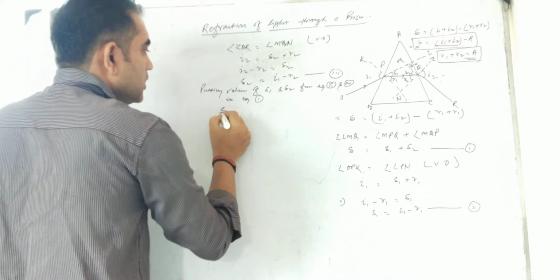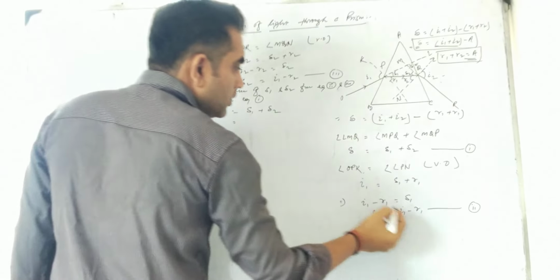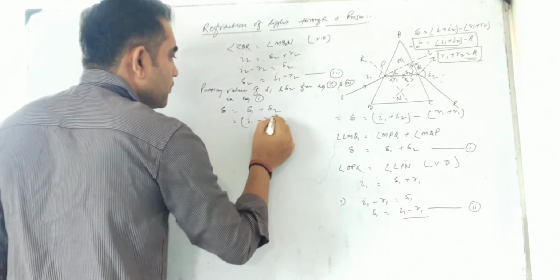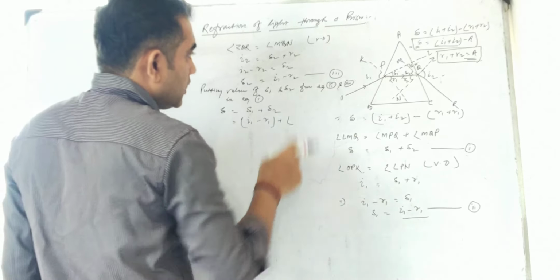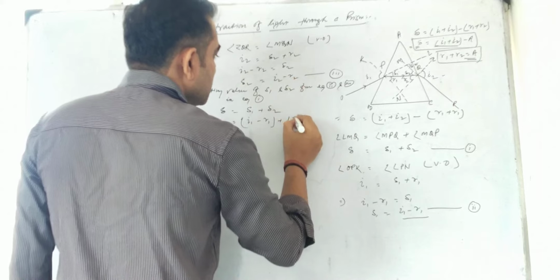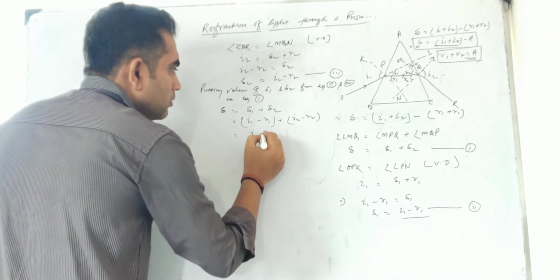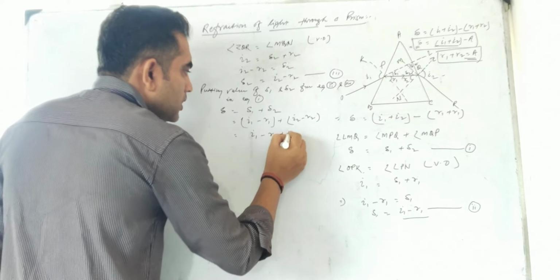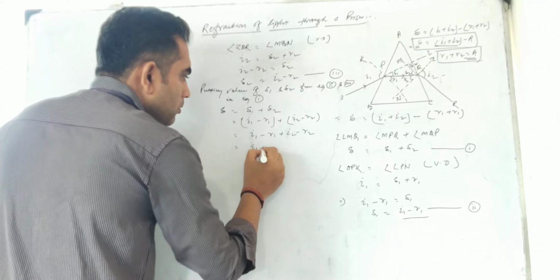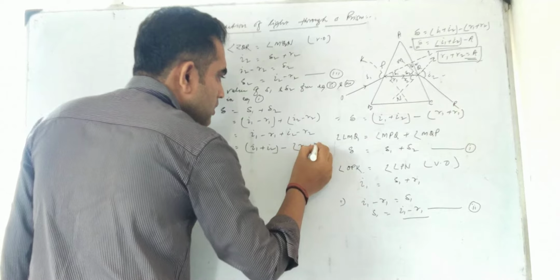So equation 1 is del equals del 1 plus del 2, and what is the value of del 1? That is I1 minus R1, and the value of del 2 is I2 minus R2. So del equals I1 minus R1 plus I2 minus R2, and arranging it, I1 plus I2, keeping minus common, R1 plus R2.